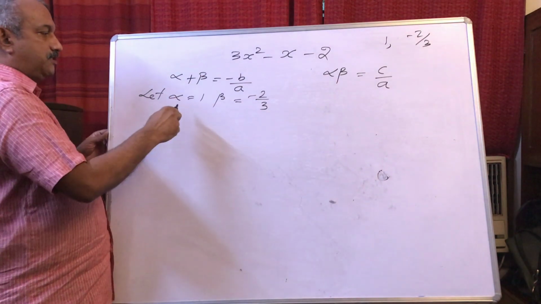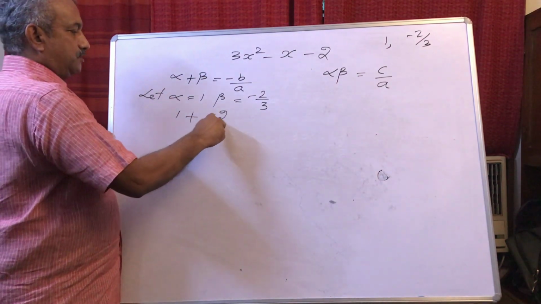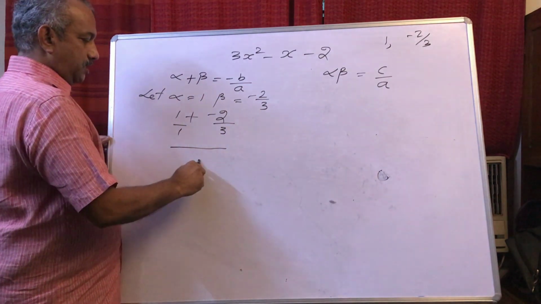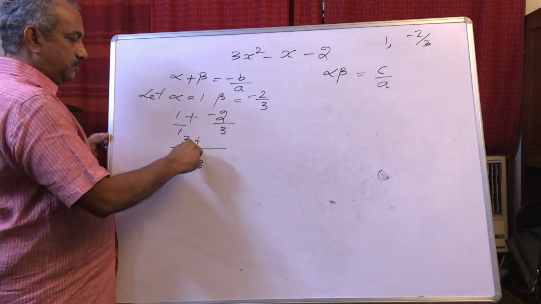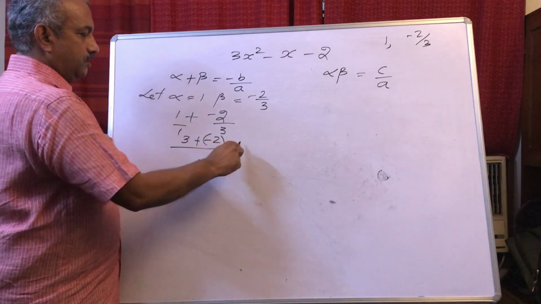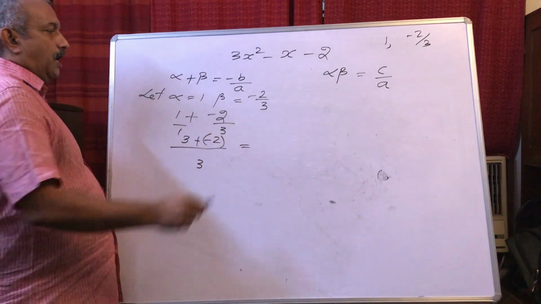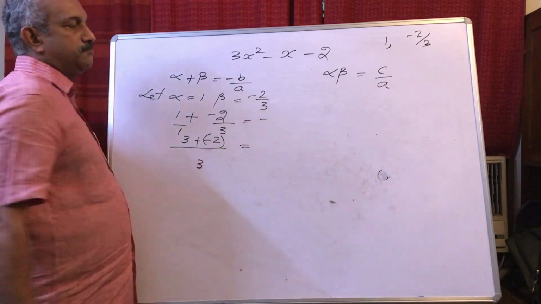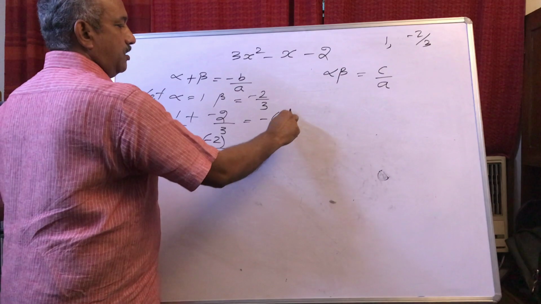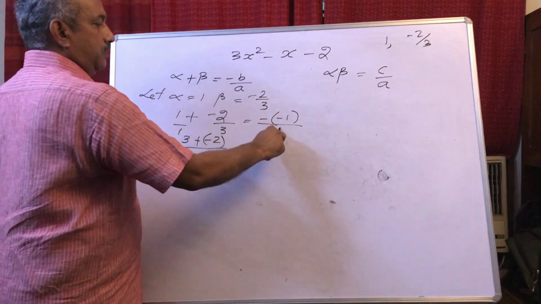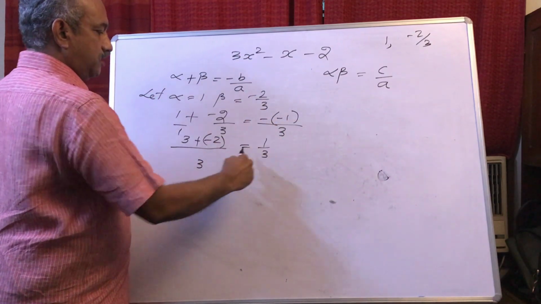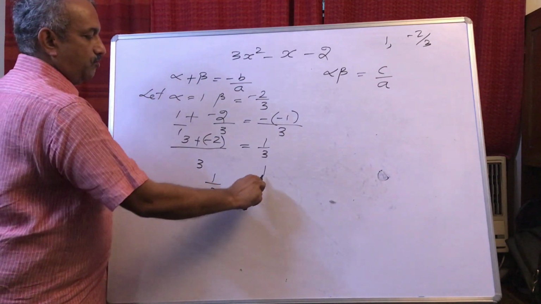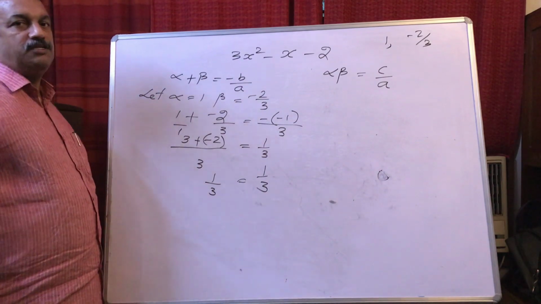Then alpha plus beta is 1 plus minus 2 upon 3, LCM 3, so 3 minus 2 upon 3. Here alpha plus beta is equal to minus b upon a, minus of minus 1 upon 3. So 1 upon 3 is equal to 1 upon 3. So this one is verified.